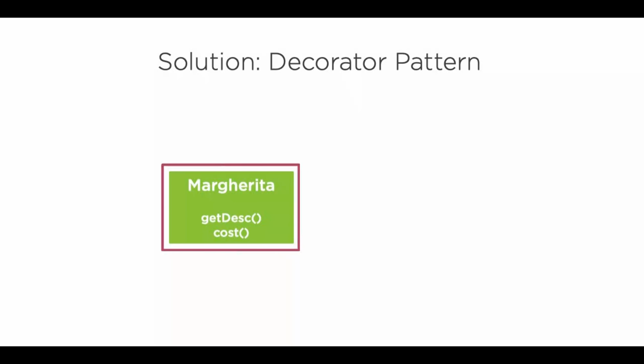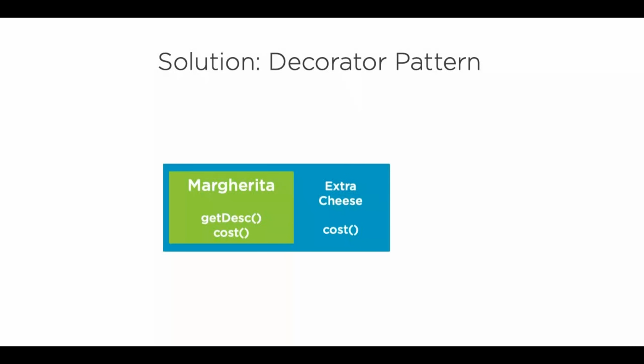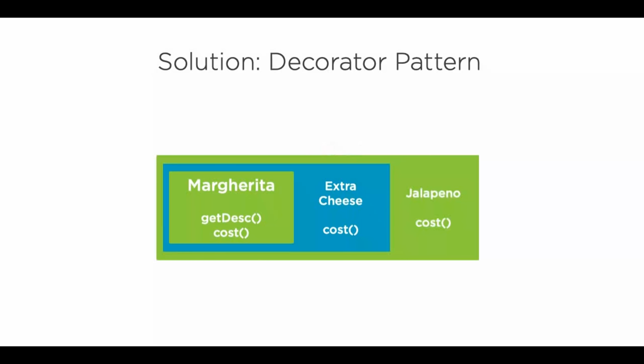Now let's say the cost of any of the toppings changes. So we need to open up our base class and make the changes to it. Also, if a new topping is introduced, we will again have to change the base class, which clearly violates the open-closed principle. The open-closed principle says that classes should be open for extension but closed for modification. So this doesn't work either.